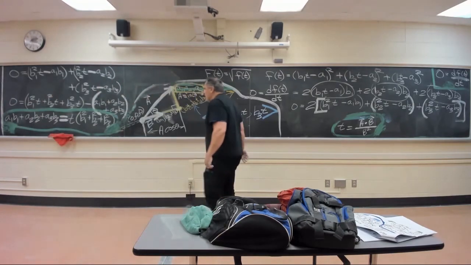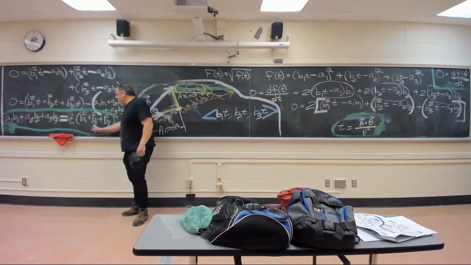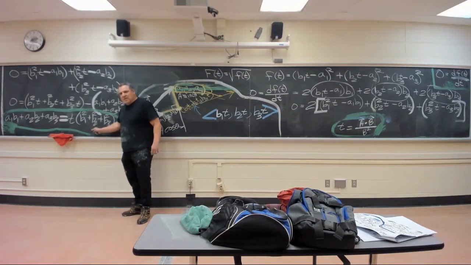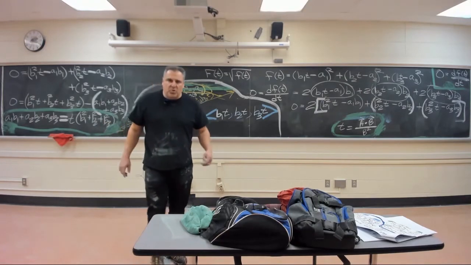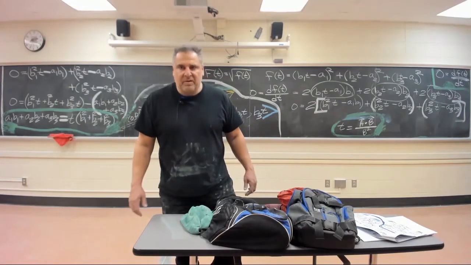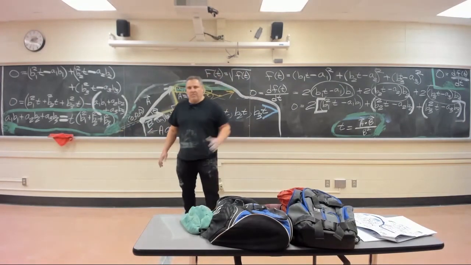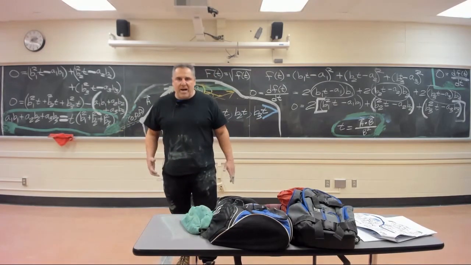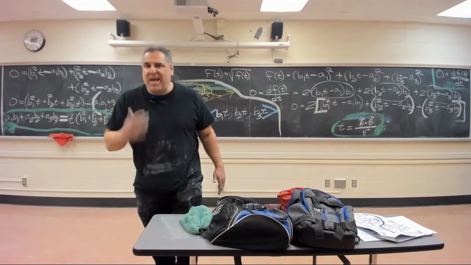What is this? Well, we've kind of delivered this speech a number of times. The magnitude of a vector is the square root of the sum of the squares of its components. In plain English, B vector is defined by B1 i hat plus B2 j hat plus B3 k hat.